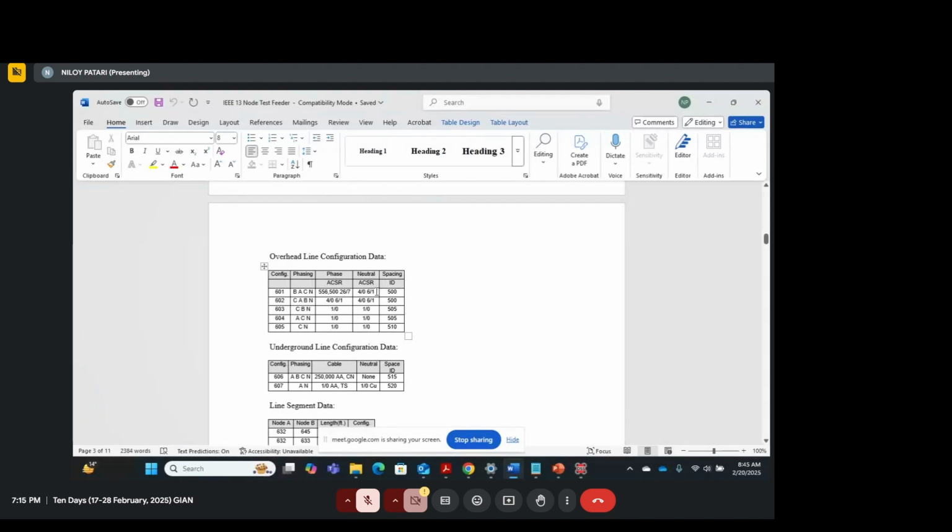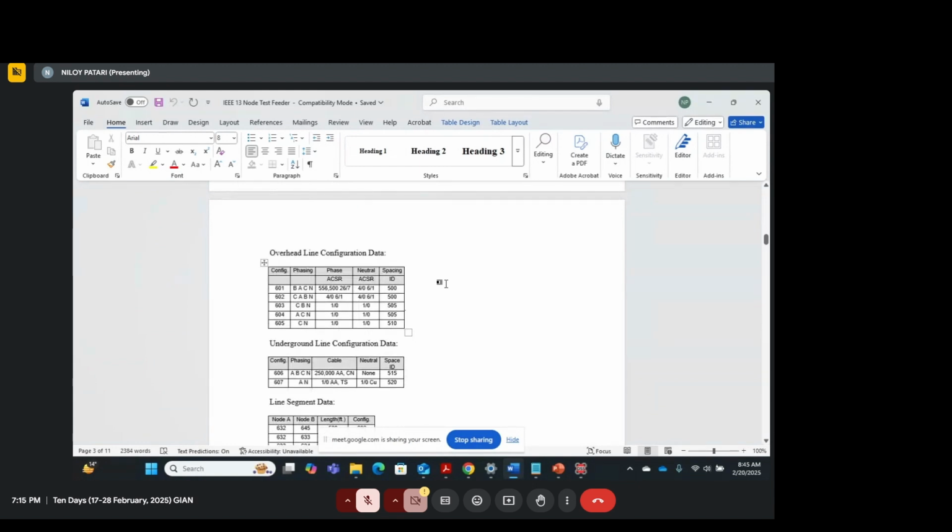Then the neutral is a different ACSR conductor, and these conductor names differ with respect to the GMR value, the geometric mean radius, and the diameter of the conductor. All the specifications you can find online. So these are different overhead line conductor configurations.